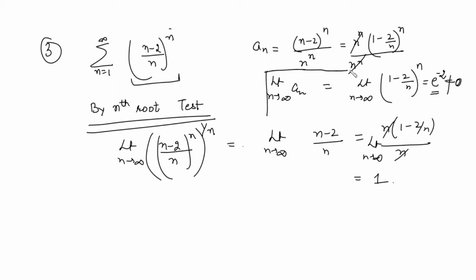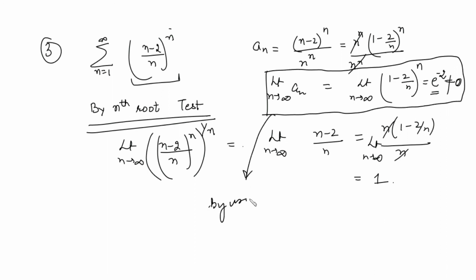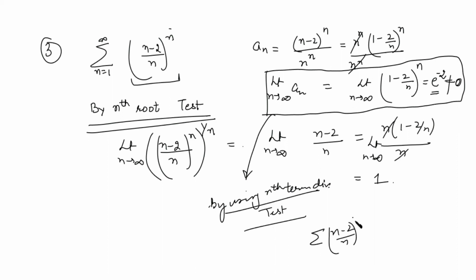Whenever the nth term is not approaching 0 as n goes to infinity, by using the nth term divergent test, what will we have? The given series n minus 2 upon n to the power n is divergent.